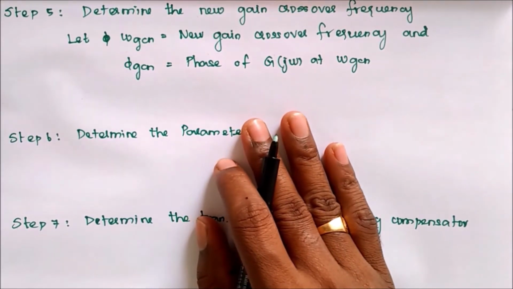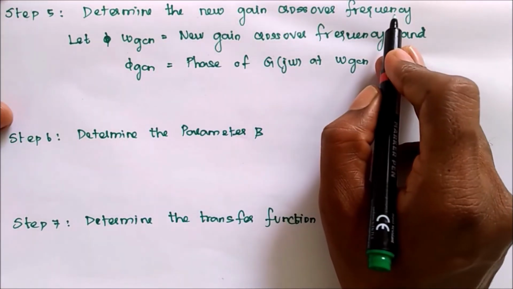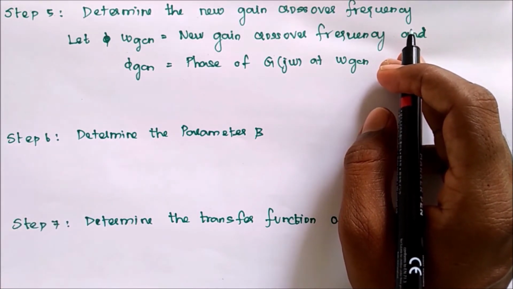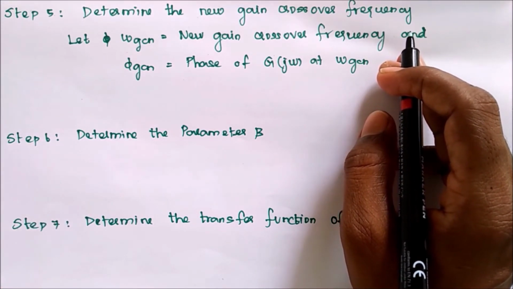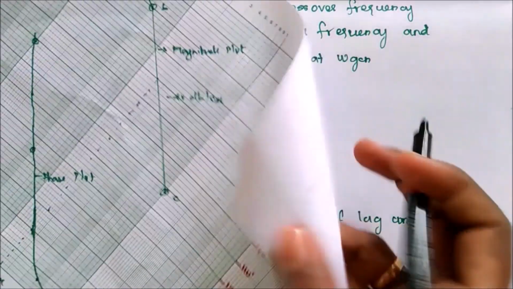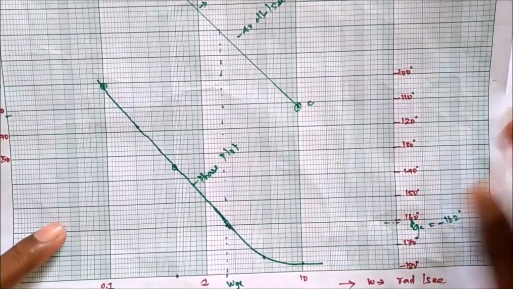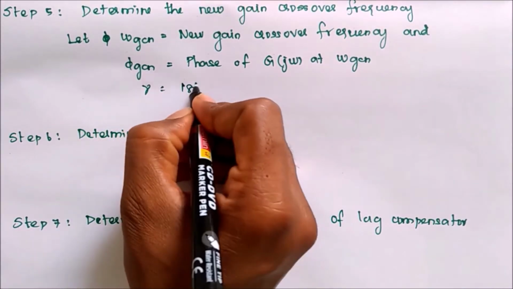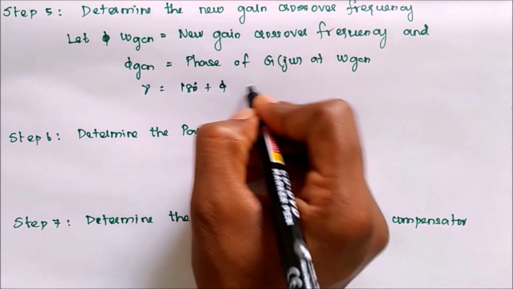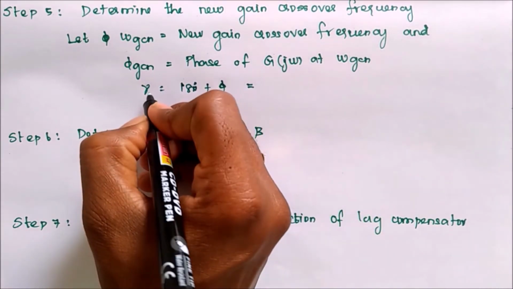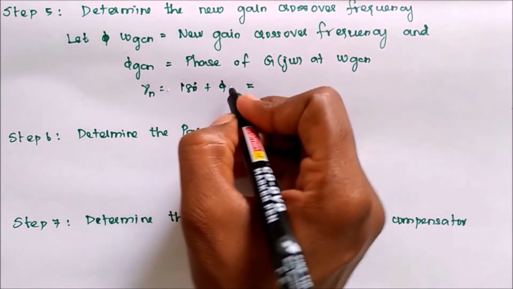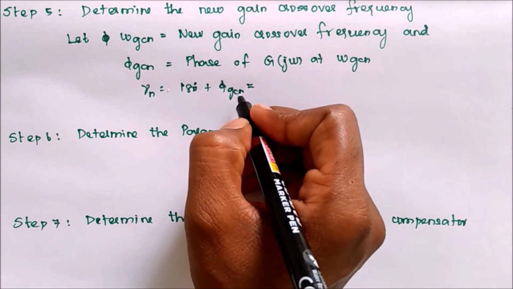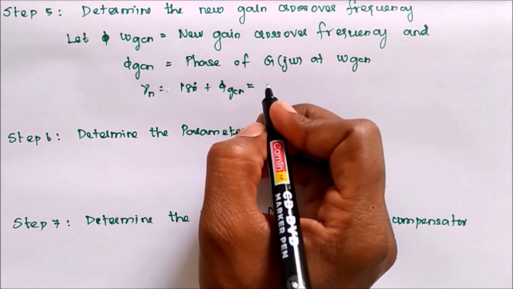In the next step we have to determine the new gain crossover frequency. We know the new phase margin is plus 45 degree. From the Bode plot, gamma equals 180 degree plus phi, and for the new phase margin this gives the new gain crossover frequency and the new angle at the new gain crossover frequency.